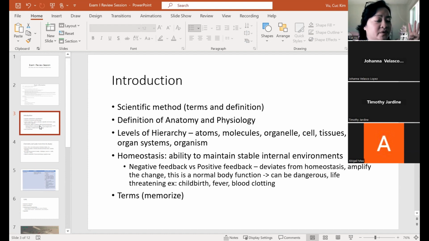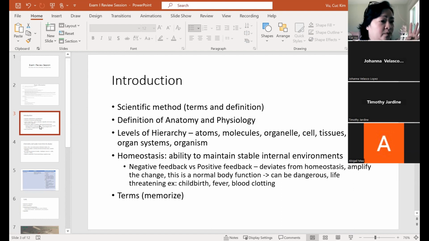Which is a mechanism of homeostasis? Body temperature regulation, fever, blood clotting, childbirth. Which of those four? Fever? No, fever is actually a positive feedback, and it's not part of homeostasis.